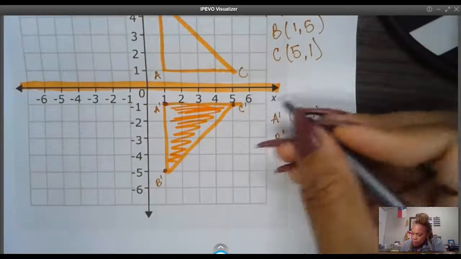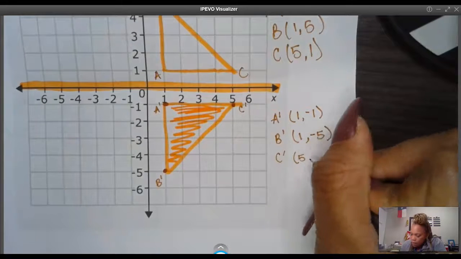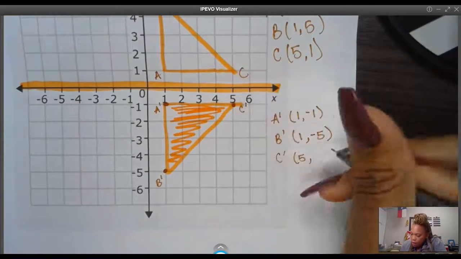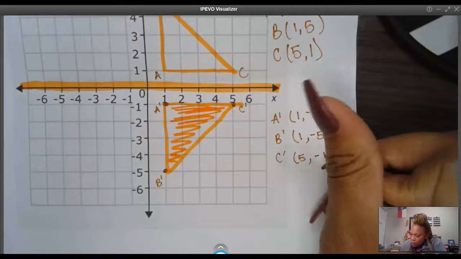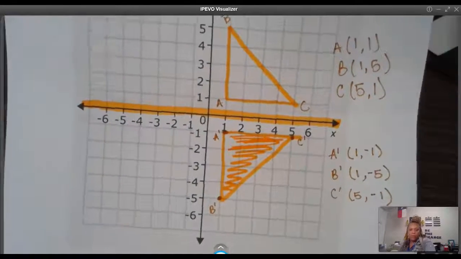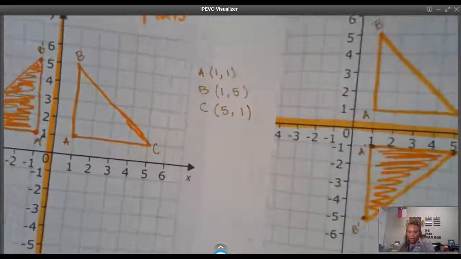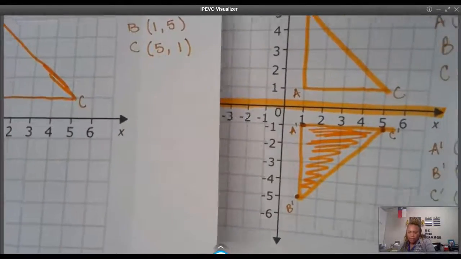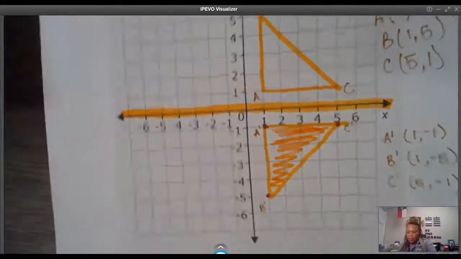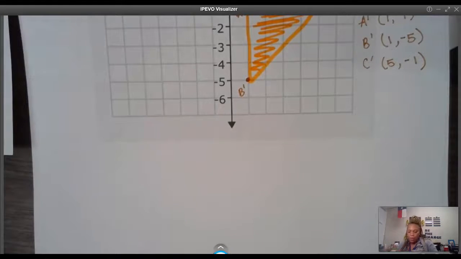And C prime, x is 5, and y is -1. Okay, so now we have both images. We reflected over the x-axis and we reflected over the y-axis, okay? And hopefully you guys get this part. So now we're going to talk about what we noticed about the points.